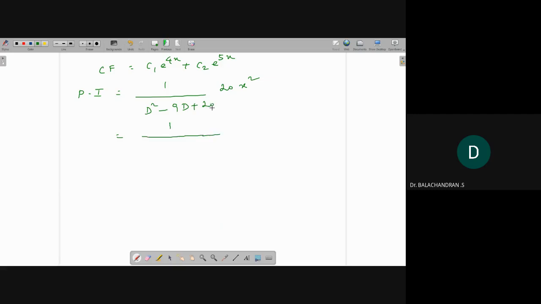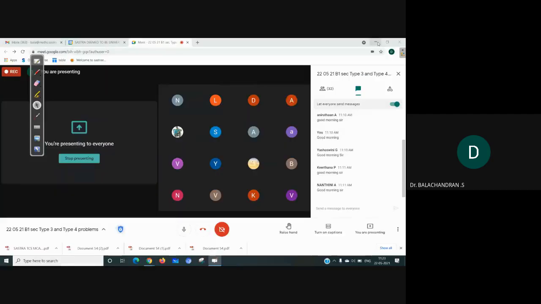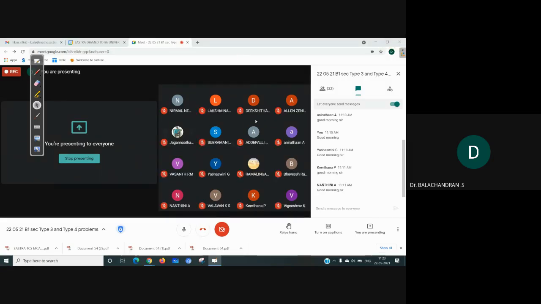If the constant term is here, you should take the constant term common. Suppose the constant term is not here, you should take the minus 9D common. Suppose the minus 9D is also not there, we have 1 by D square. Then what will we do? Anybody?